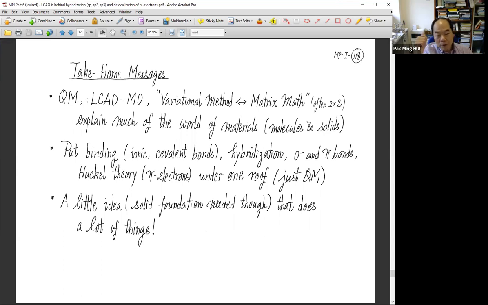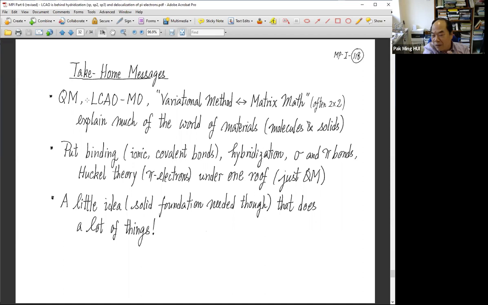So we see quantum mechanics, LCAO-MO, as an approximation to solve the electronic problem, together with the variational method, some very simple 2x2 matrix, because one atom, two atom bond, push, fill, energy gained, bonding, done, okay? If you understand every single word I said, you are in good shape, okay?